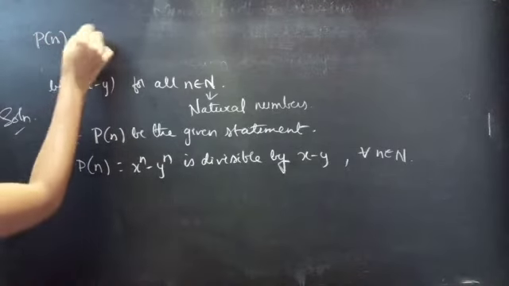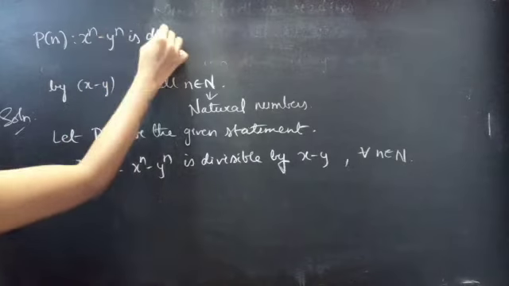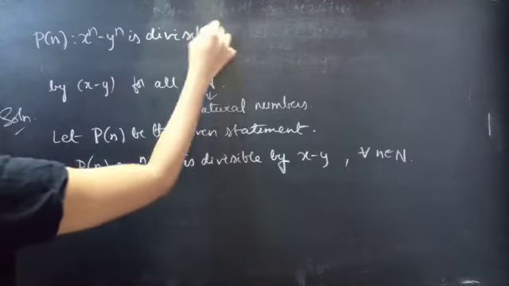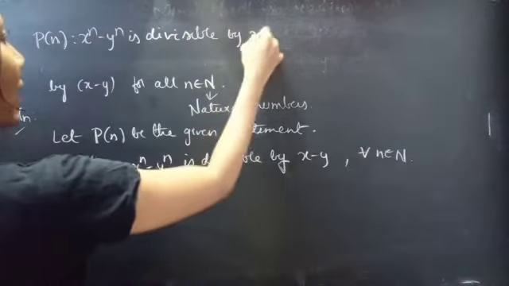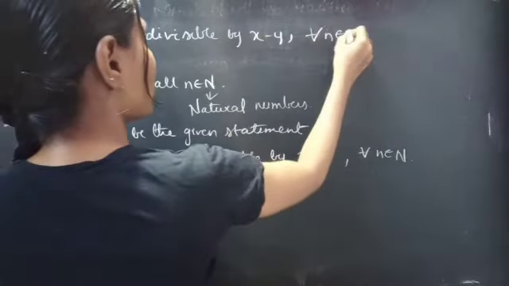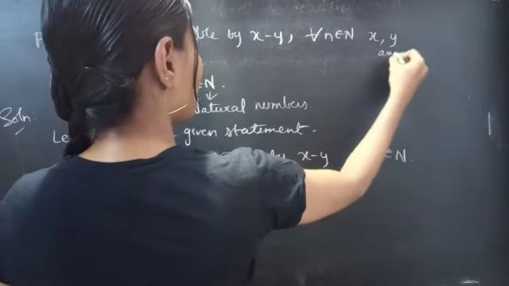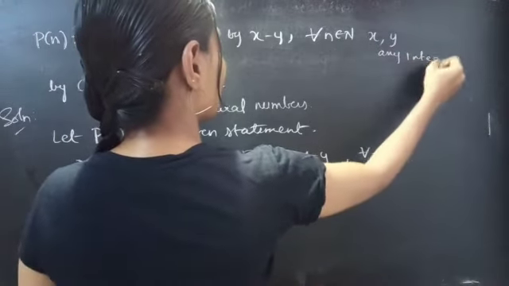So we have statement P of n: x power n minus y power n is divisible by x minus y for all n belongs to natural numbers and x and y any integers.